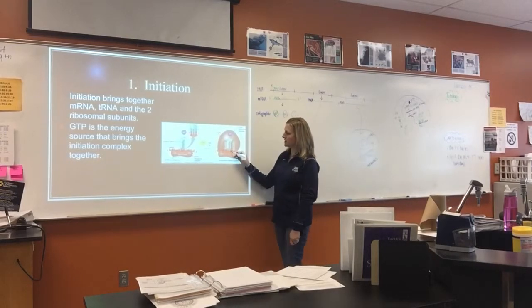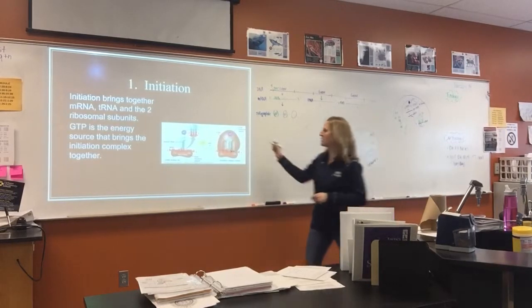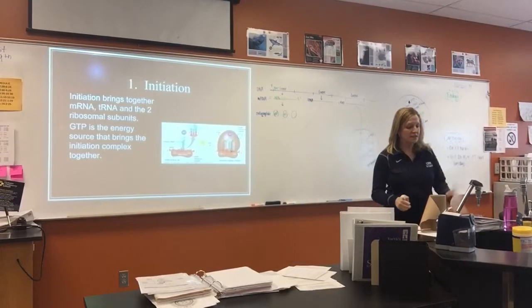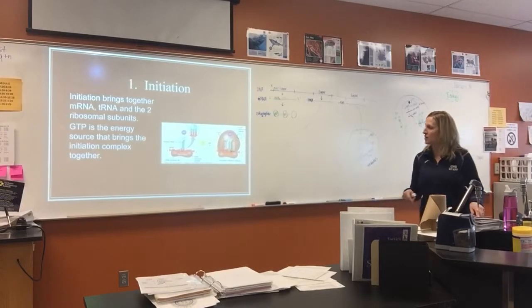The anticodon's going to have the appropriate complementary bases. What goes with an A would be a U, C would be a G, and G would be a C. So there's your tRNA. And then it's going to bring with it the second amino acid that's going to be in this particular chain. What are we going to use?